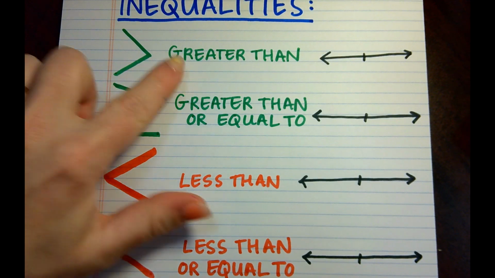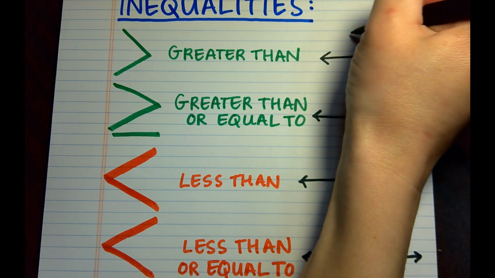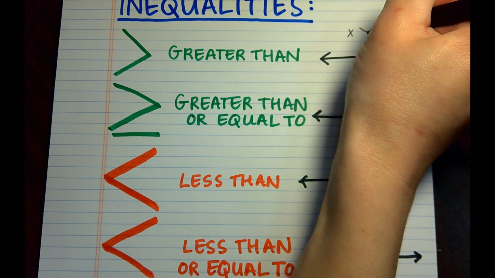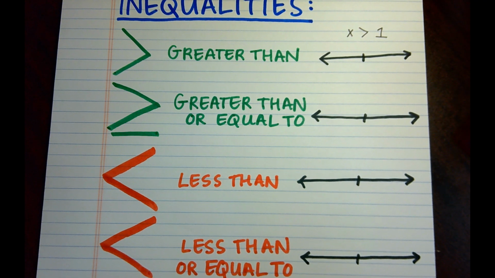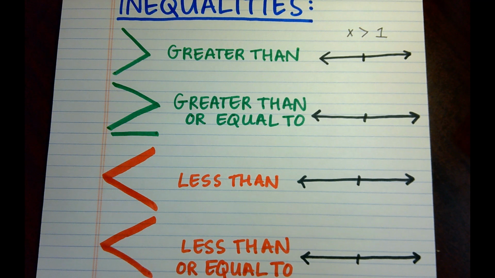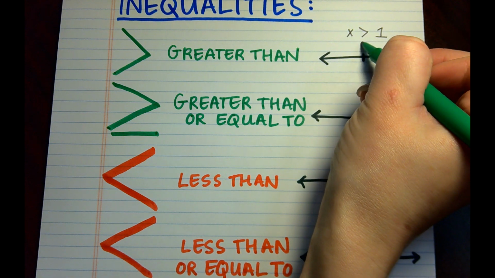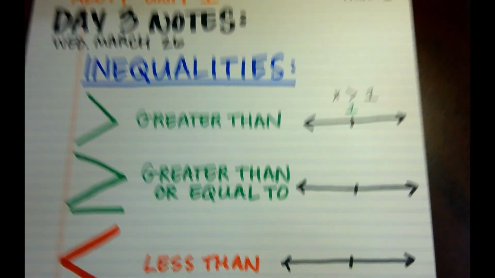So if, for example, I have an inequality that says X is greater than 1, does anybody remember how to graph that? Yes, Michelle, how do we do it? You're going to put 1 in the middle, circle.